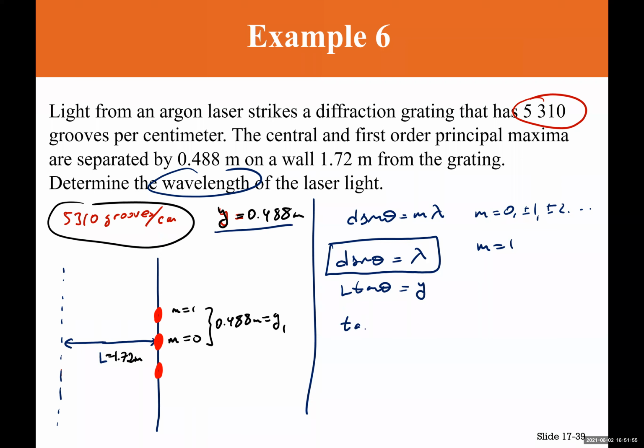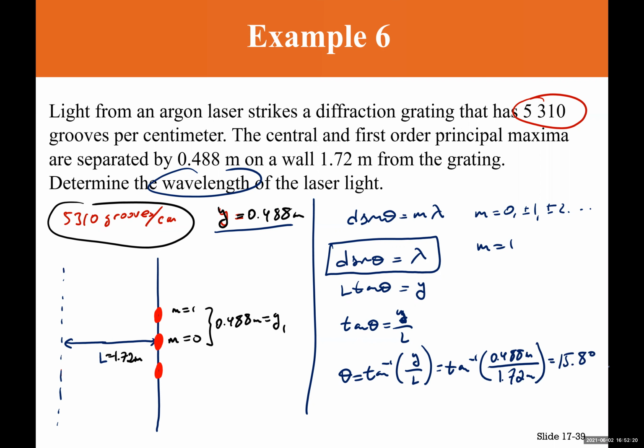From here, tangent of theta equals y over L, and then theta equals inverse tangent of y over L. So inverse tangent of y, which is 0.488 meters, divided by L, which is 1.72 meters, and I can calculate this to be 15.8 degrees. So you can see it's a large theta, so I can't use the small angle approximation.